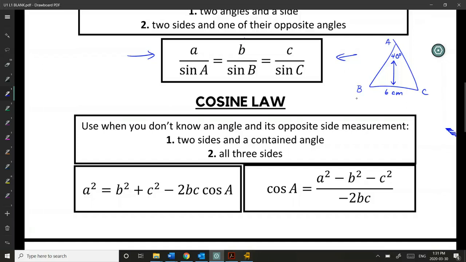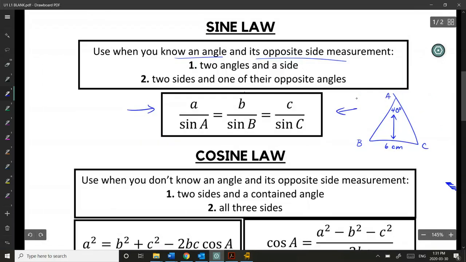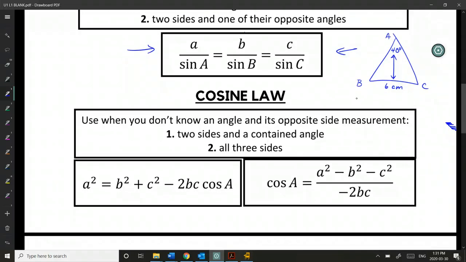And this is when you don't know an angle and its opposite side. So two scenarios that you could have in this case would be that you know two sides and the angle in between them. So it's called a contained angle, sometimes called an included angle. Or you know all three side measurements. Again, these are only really necessary to do if it's not a right angled triangle. Okay, so these are the two versions of cosine law here.